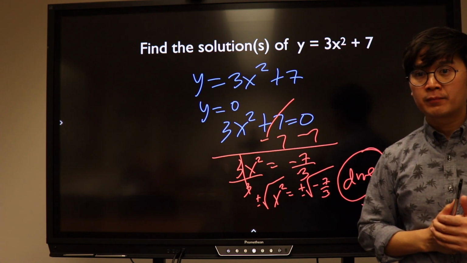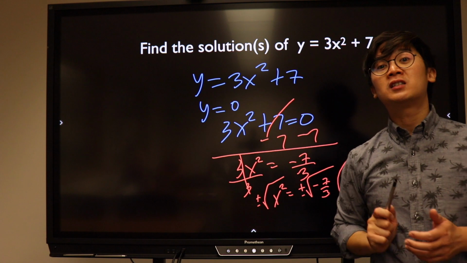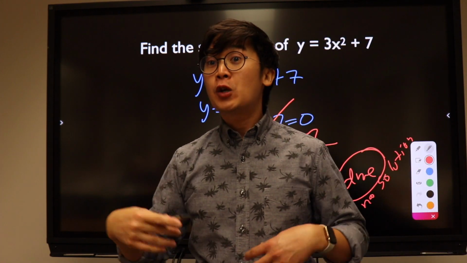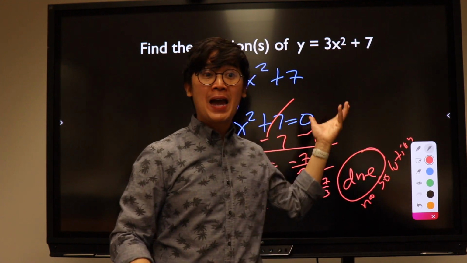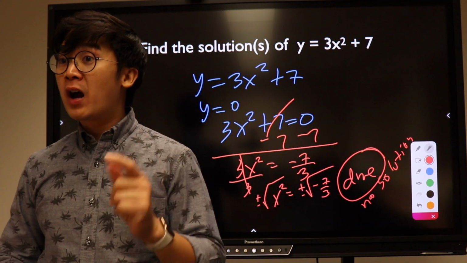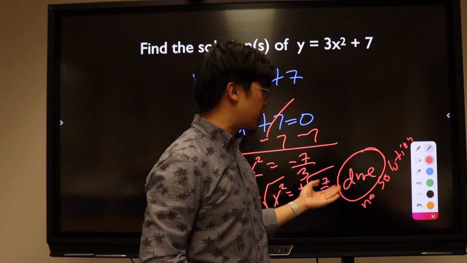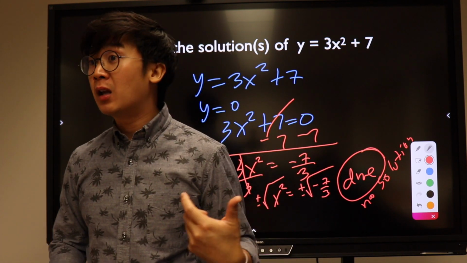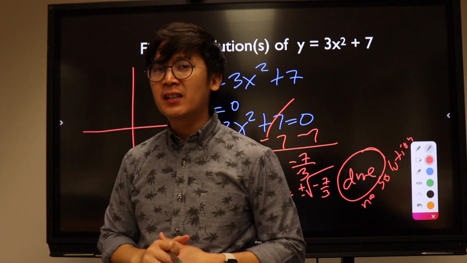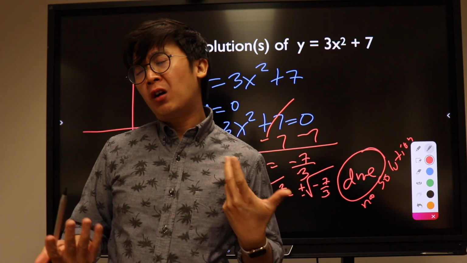It won't intersect the x-axis, and that is correct. So whenever you're seeing this mathematically, even if you're not seeing the graph, you should know that the reason why there's no solution, or the reason why it's the square root of a negative number, is that the parabola is not intersecting the x-axis.